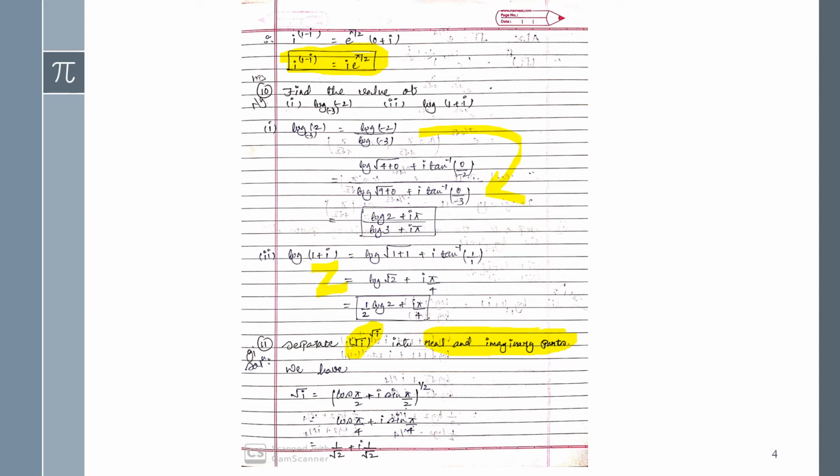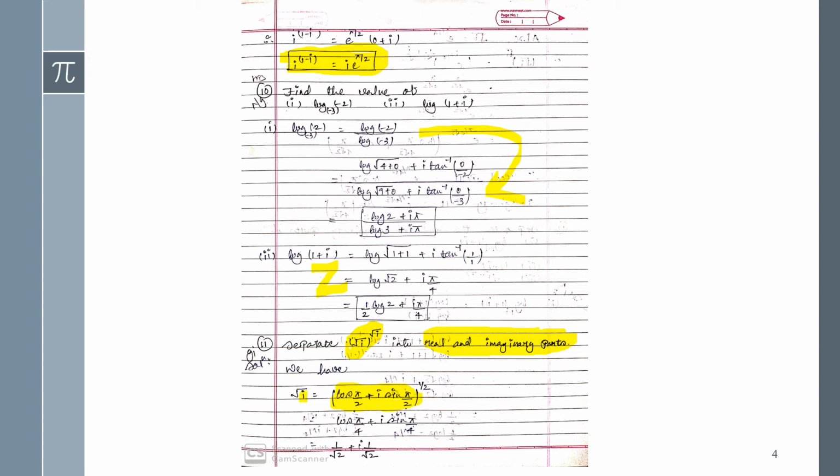And in place of i we can write cos pi by 2 plus i sin pi by 2. Yes or no, guys? Because you can see the value of cos pi by 2 is 0 and sin pi by 2 is 1, and as you know, all you need here is i.